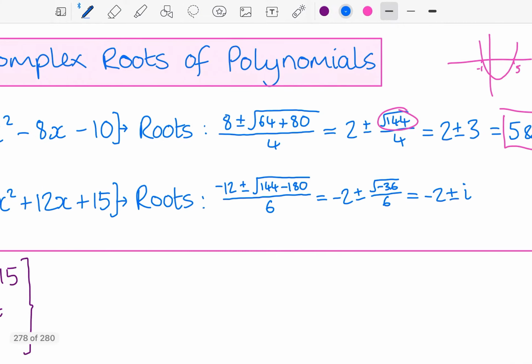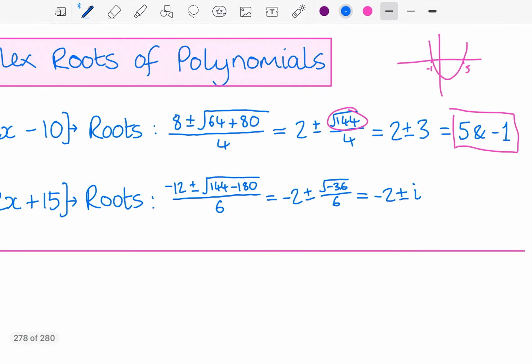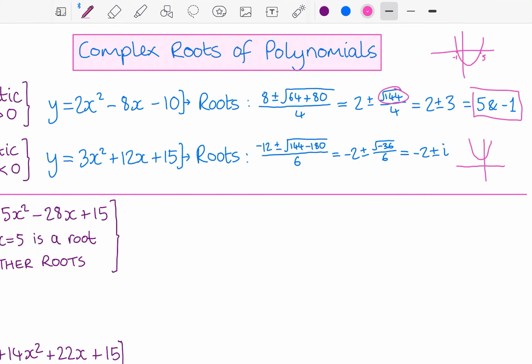Well, you may have seen that before, depending on how much complex numbers you did before IB. But the graph of that quadratic may look something like that. You cannot see it sort of across the x-axis. It has no real roots, no visible roots, x-intercepts on the graph.